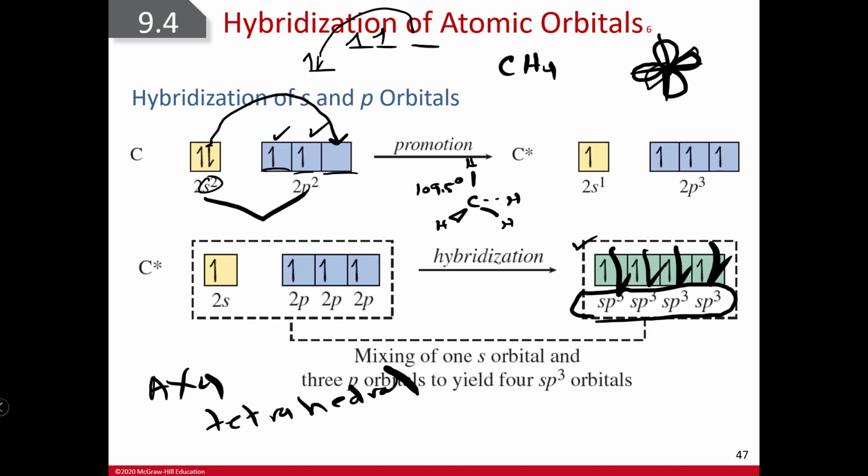Well, we can only get 109.5 degrees if we hybridize the orbitals. Just looking at those atomic orbitals, unhybridized, we would get 90 degrees, and that's not what we get here.